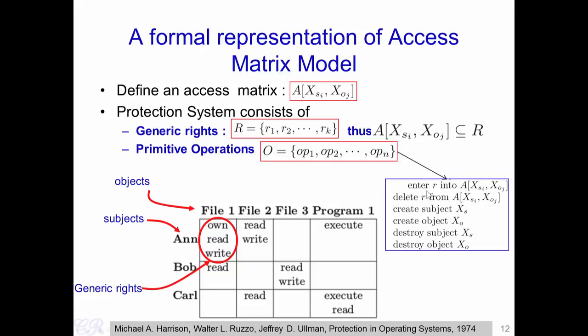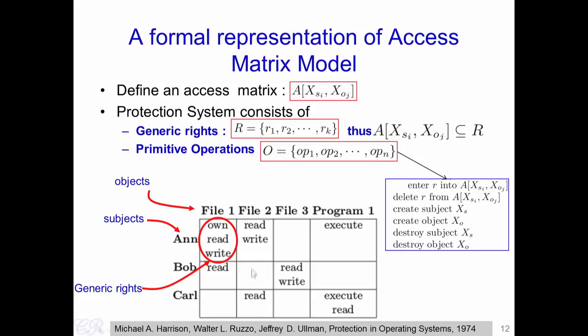Here R is taken from the generic rights, so it is an element from the set R. Similarly, other operations are to create a subject XS, create an object XO, destroy a subject XS, or destroy an object XO. These are the only primitive operations that can be done on this particular access matrix.